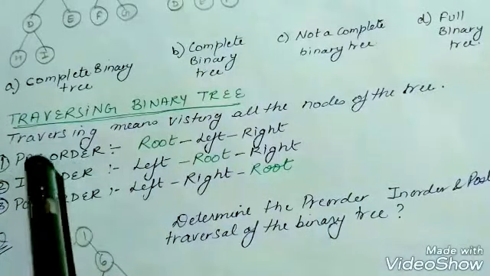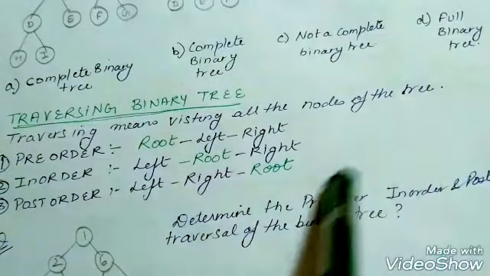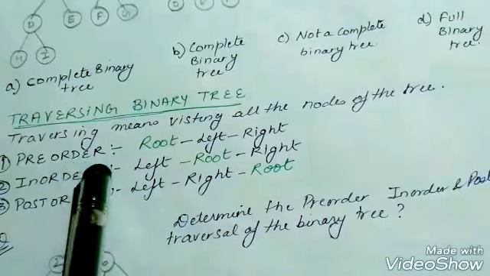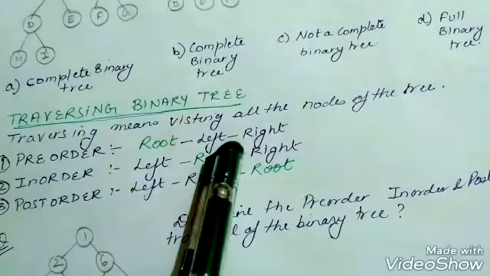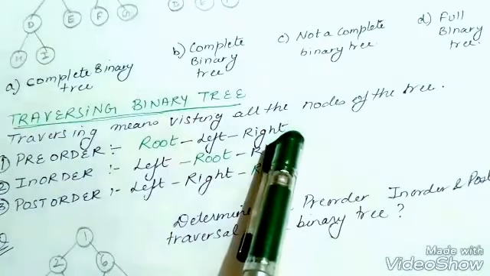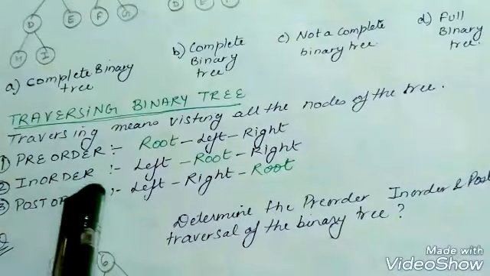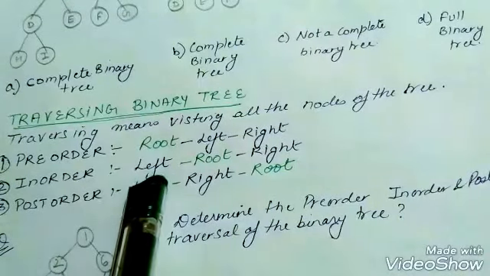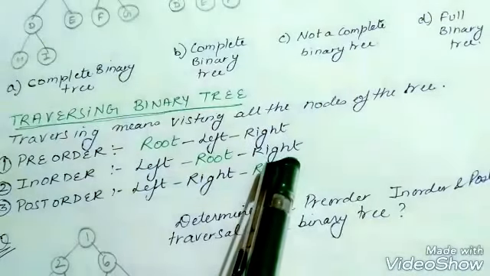Firstly, traversing means visiting all the nodes of the tree. In pre-order, we first visit the root, then we move on to the left side of the tree, and then we take the right node of the tree. Similarly, in in-order, we take the left node first, then the root node, and then the right node.